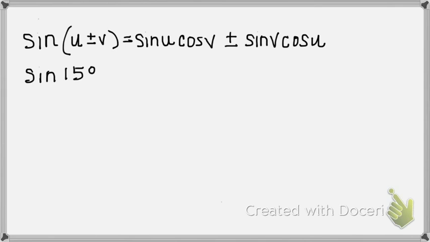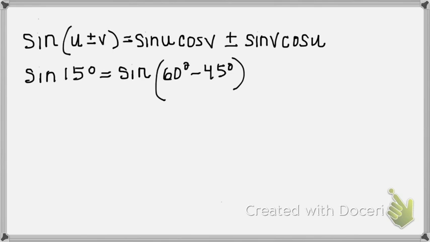But using the sum formula, I can find a way of writing 15 degrees that I can evaluate. Consider that the sine of 15 degrees is equivalent to the sine of 60 degrees minus 45 degrees. See that?